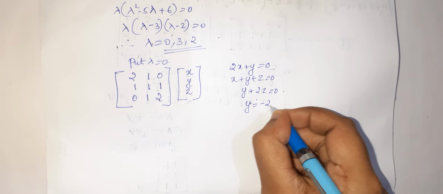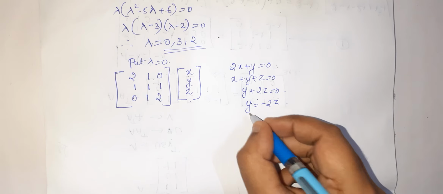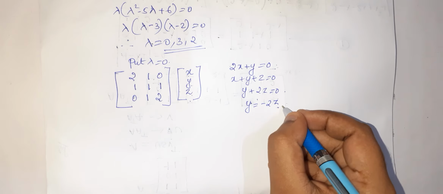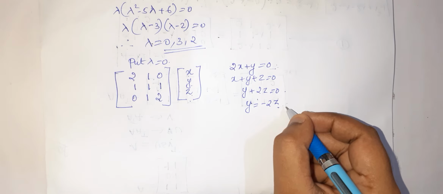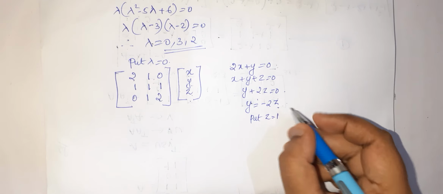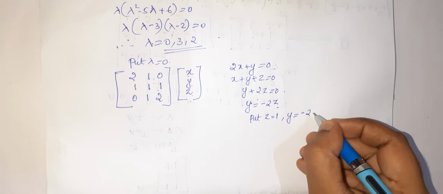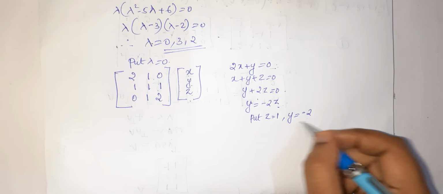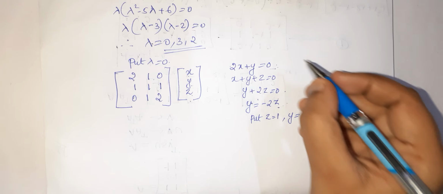Therefore, y equal to minus 2z. Since we obtain an equation like this, just put a trial value. Just put z equal to 1. When z equal to 1, y will be minus 2 into 1, minus 2. Substitute the values of z and y in the first equation.